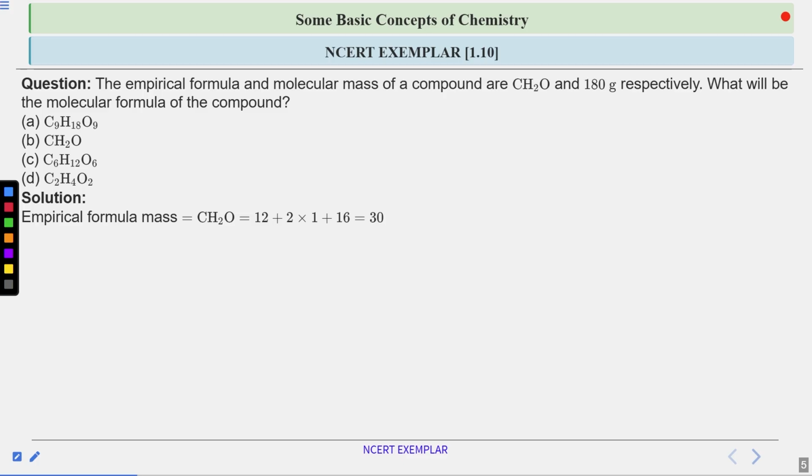So just take the atomic weight of each of these. It will be 12 into 1, plus 2 into 1, plus 16, which is equal to 30. Whoever knows the solution can calculate this before me and comment the correct answer in the chat box.